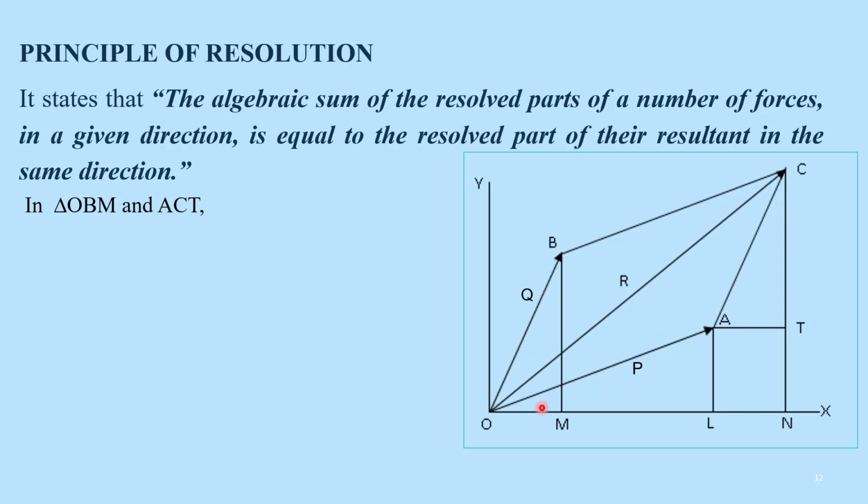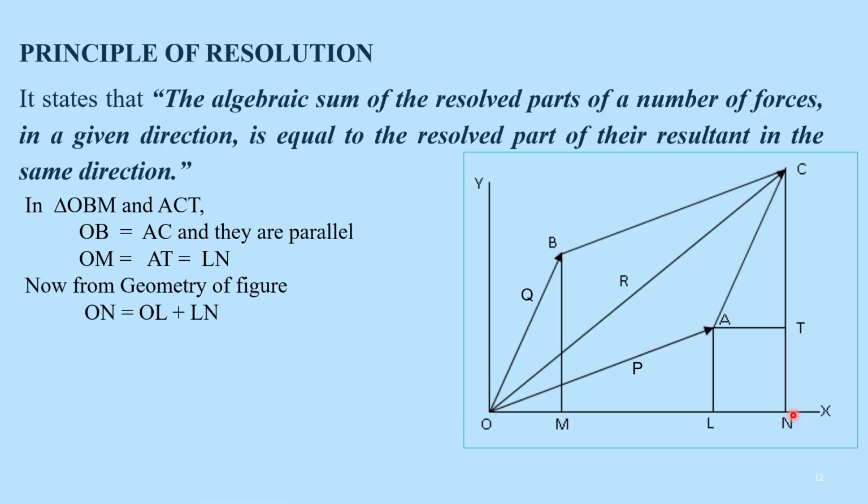So this triangle will be same as this one, or OM will be equal to AT, which will be equal to LN. Okay, so OB will be equal to OC and they are parallel. Also, OM will be equal to AT, which will be equal to LN.